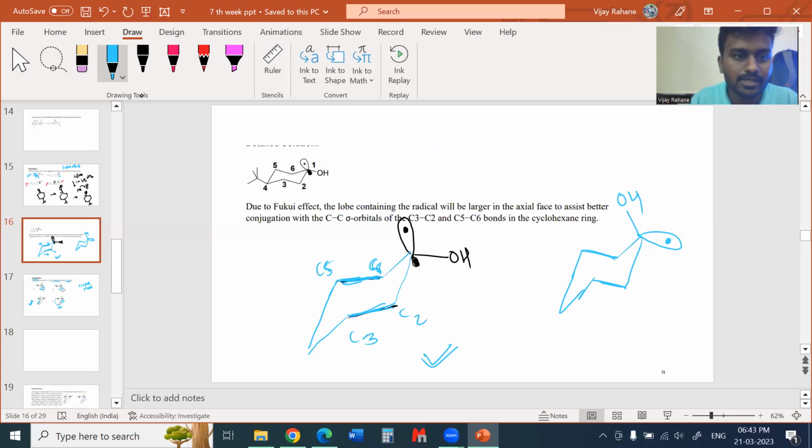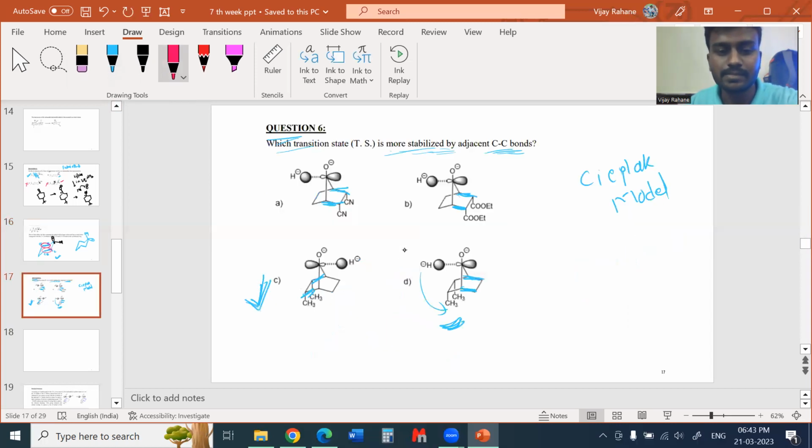In this one, this carbon-carbon bond helps, as in the previous question. This carbon-carbon bond overlap will help to stabilize this radical. Similarly, in this one, these bonds have the significant effect.